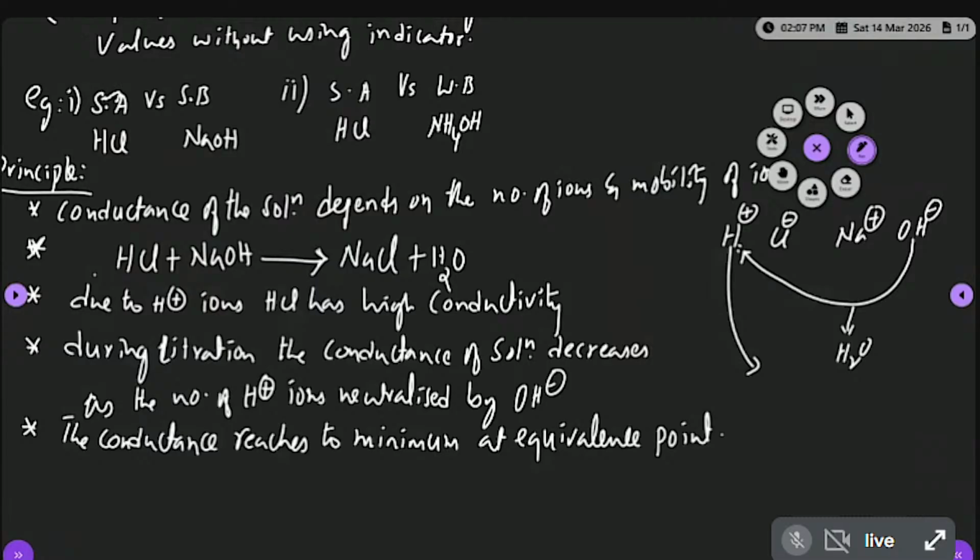Okay, so this is the principle. అలా యాడ్ చేసినప్పుడు ఏమవుతుంది? ఇనిషియల్లీ the conductance is more. While adding NaOH solution, the conductance gradually decreases and reaches to minimum at equivalence point. Okay, that is known as end point.